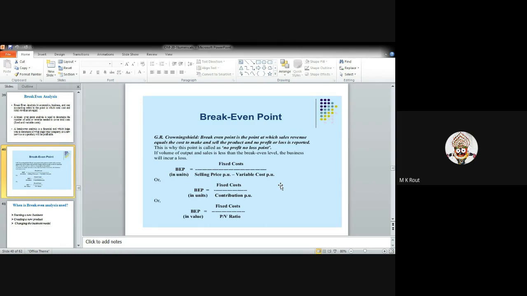Just note down these formulas. I advise all of you to note down these formulas.